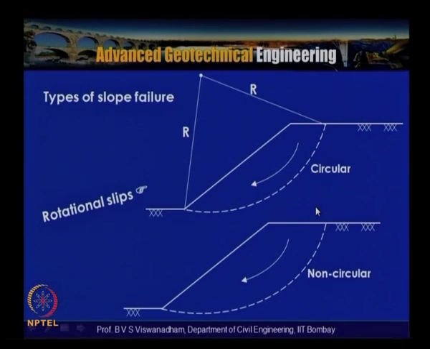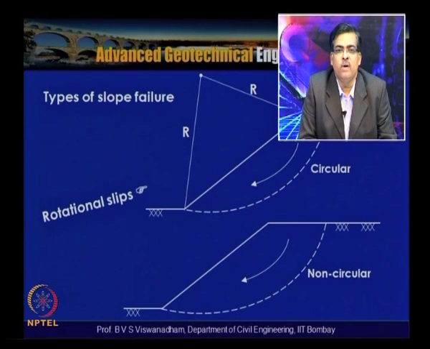And there can be failure surfaces which are truly non-circular. They generally occur if you have different stratifications of soils, and both circular and non-circular failures are called rotational slip failures.